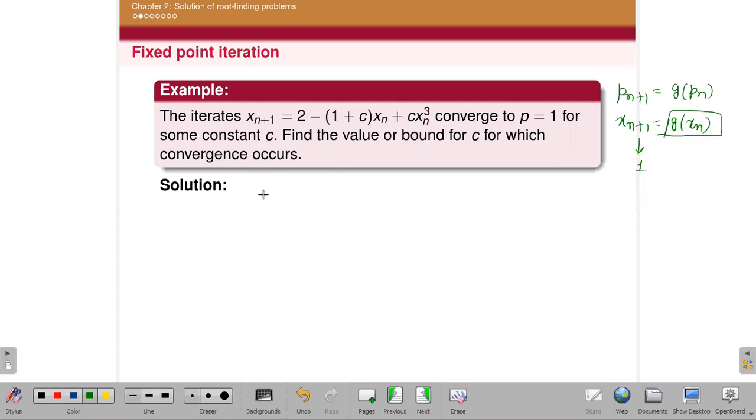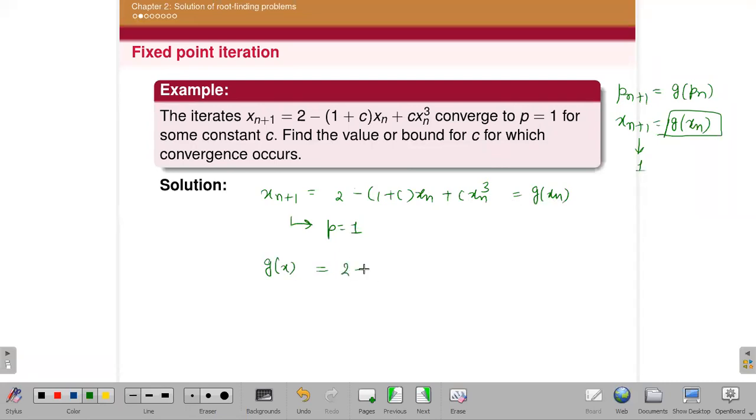So it means this g of x is already an appropriate g of x. And so here you can say xn plus 1 is 2 minus (1 plus c) into xn plus c xn cube, which is written as g of xn, and it is converging to p equal to 1. So I can write simple g of x also from this because it is g of xn.